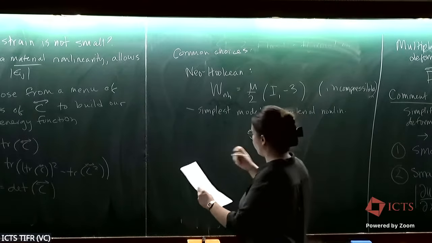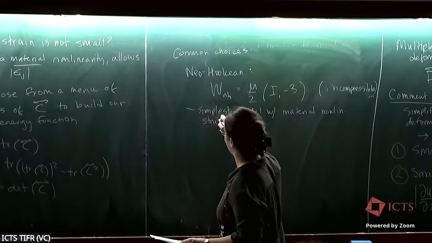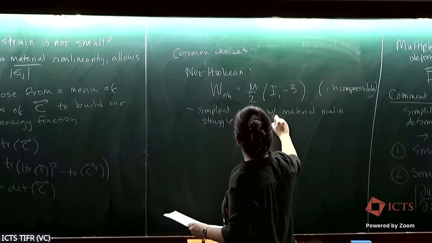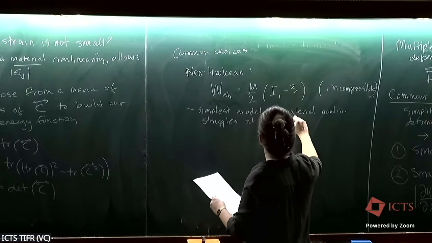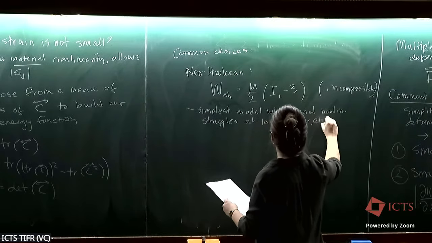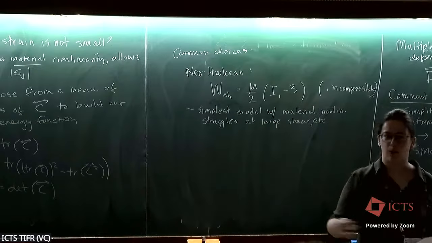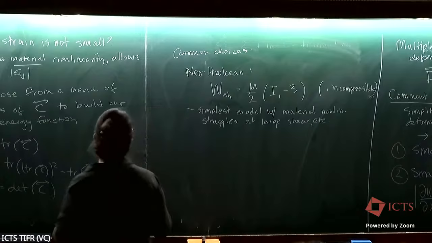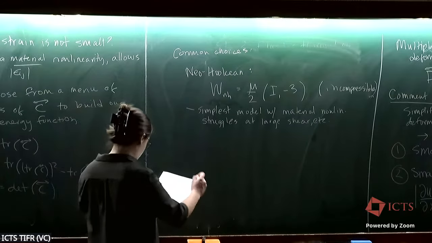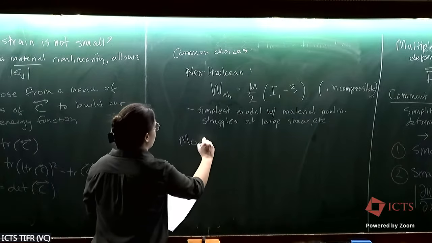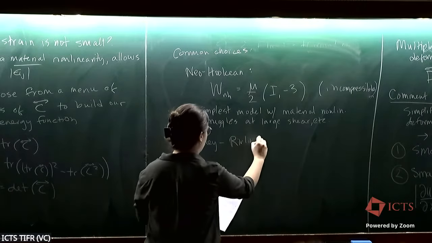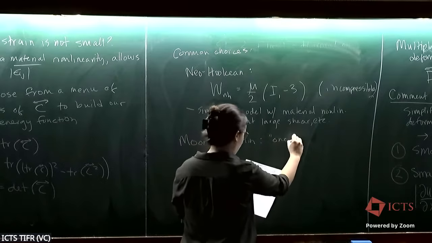but it struggles with large shear and large stretch in general. At large shear, et cetera, you don't want to apply this. This will be valid beyond what is possible for linearized strain, but it's not something you want to use for very, very dramatic deformations. If you want to go further, something like Mooney-Rivlin would be one step up.